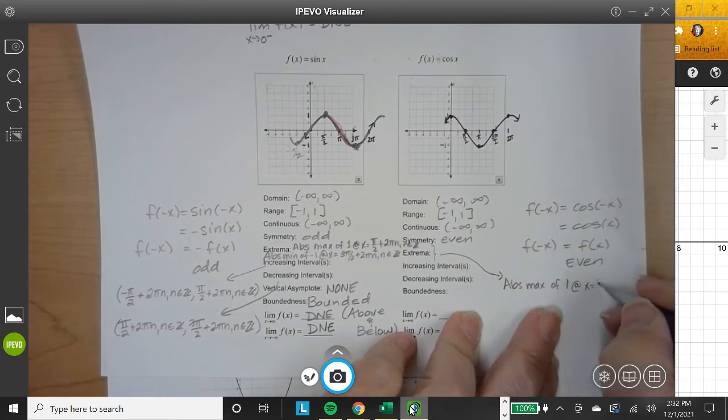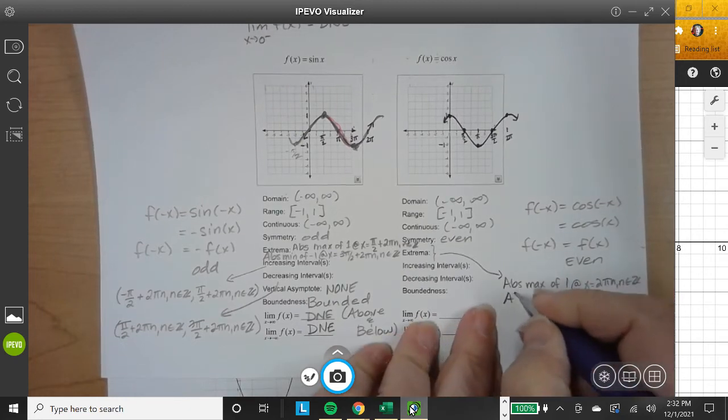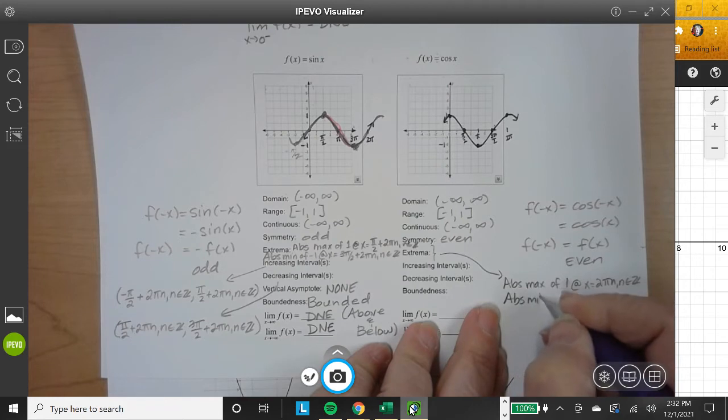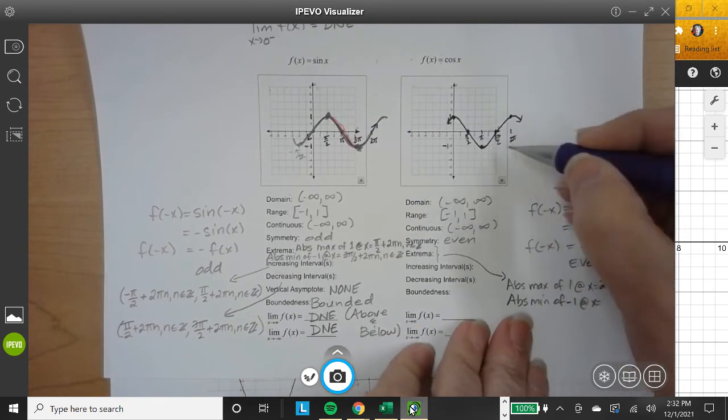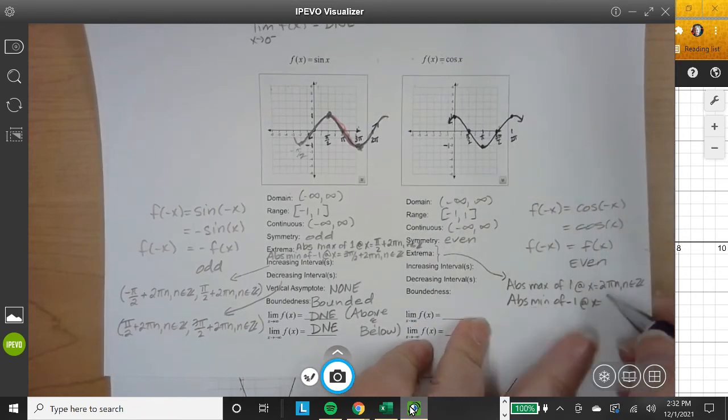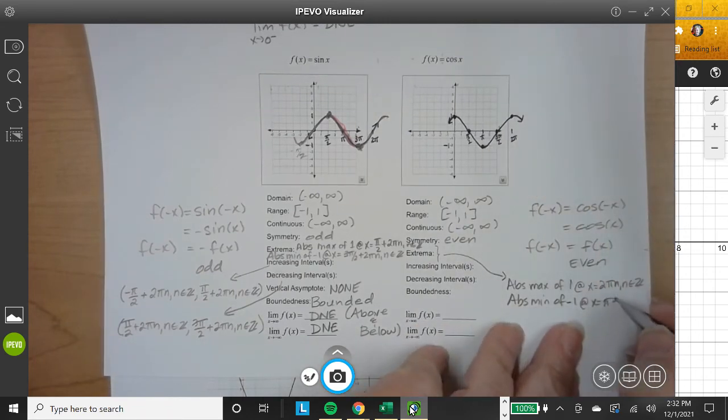So if it's 0 plus 2 pi n, I can just say 2 pi n, an element of the integer set. And it has an absolute min of -1 at x equals pi, and every 2 pi after that. So pi plus 2 pi n, an element of the integer set.